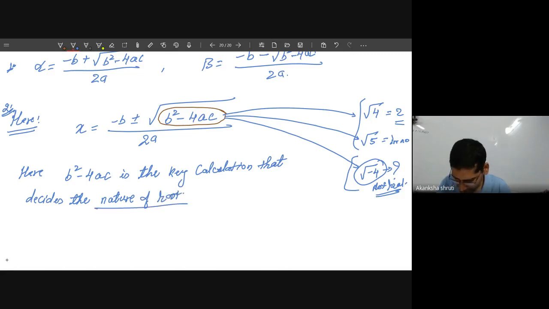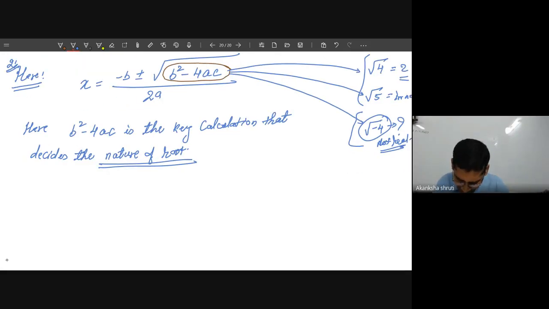So it is called the nature of root, which may be rational, meaning it comes as a perfect square; which may be irrational if it does not come as a perfect square; and which may be imaginary or non-real if it comes as the negative of the square root. So this decides the nature of the root.